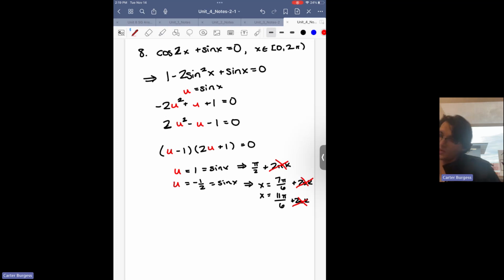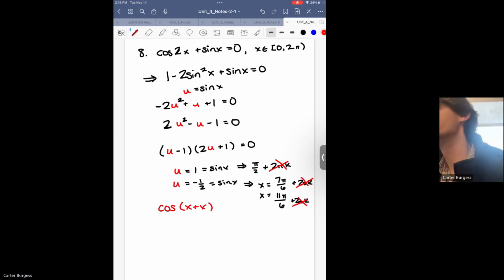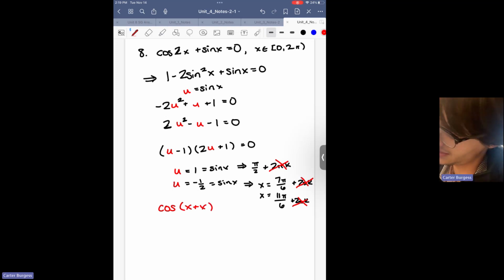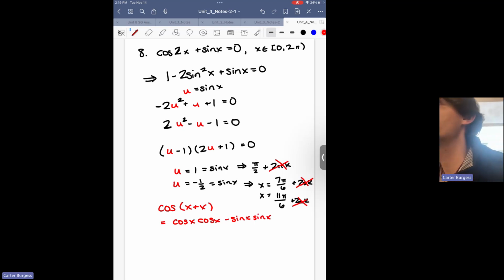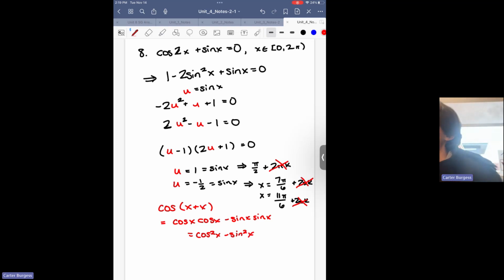If I have cosine of x plus x, this is the same as cosine x times cosine x minus sine x times sine x using our sum identities, which is cosine squared of x minus sine squared of x. So that's where the squared comes from. It's from the double angle.